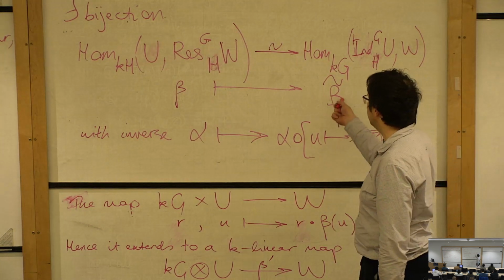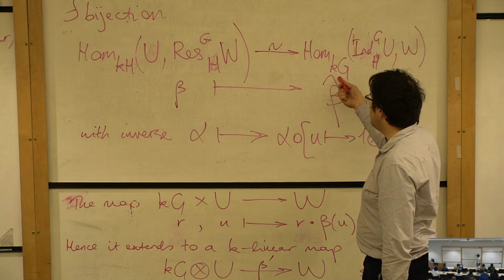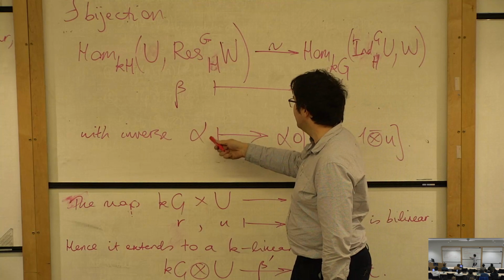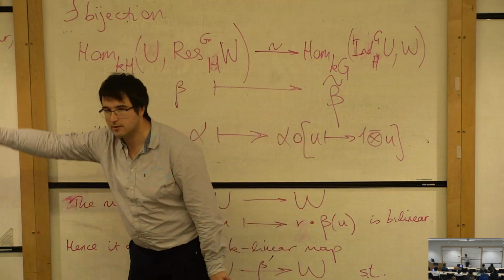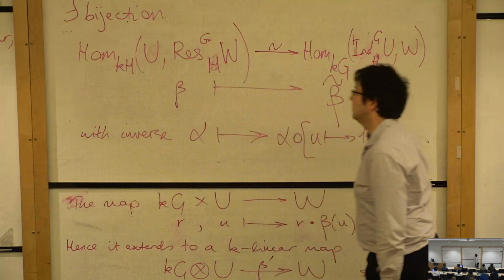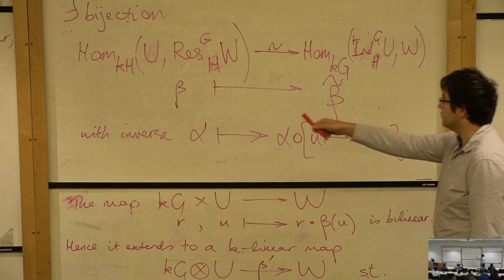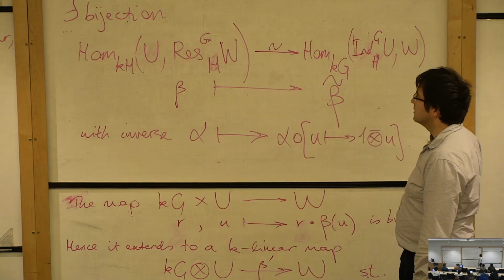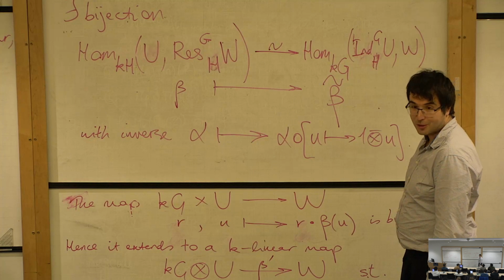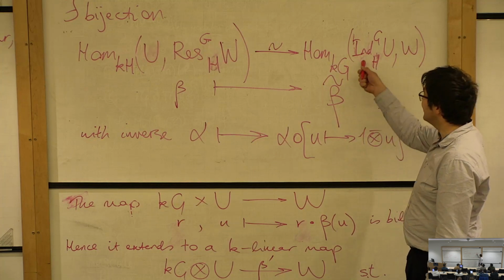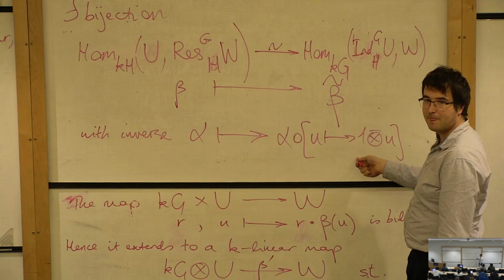I've proved that beta tilde exists and is kG-linear. I've proved that if I do this operation to beta tilde, I get beta, that's the commutativity of this triangle. I've proved that it's unique. I suppose I haven't proved that it's surjective. But it's obvious it's surjective, because this is generated by the image of U under this map.